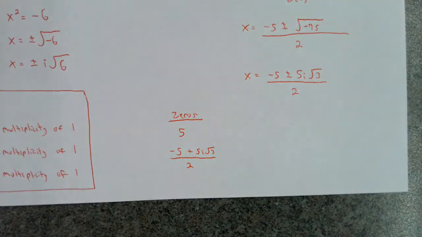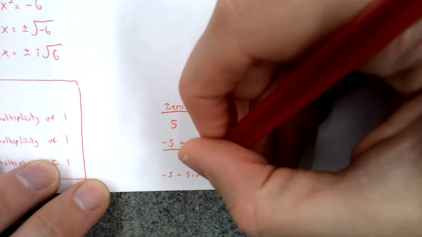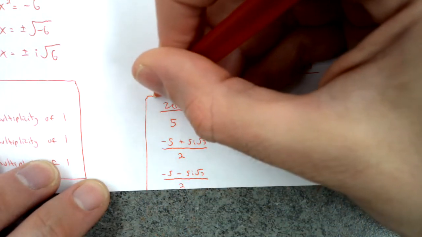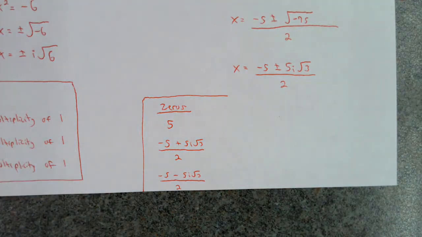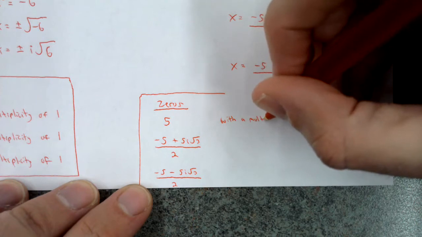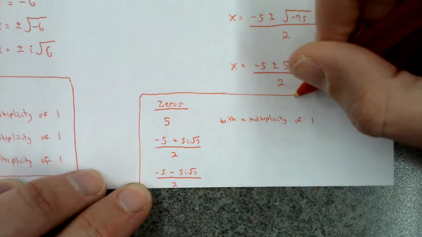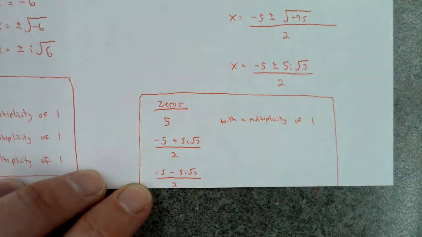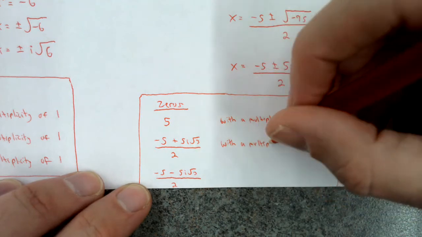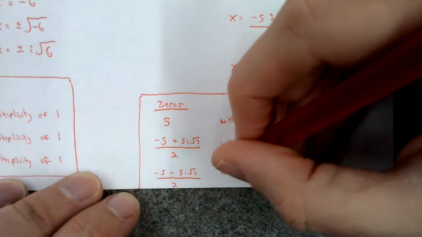And then we have negative 5 minus 5i square root of 3 divided by 2. Each of those has a multiplicity of 1.